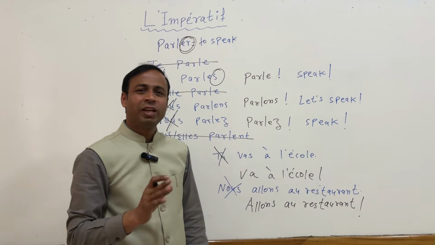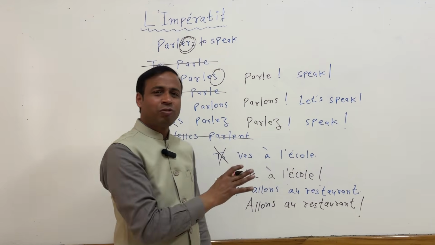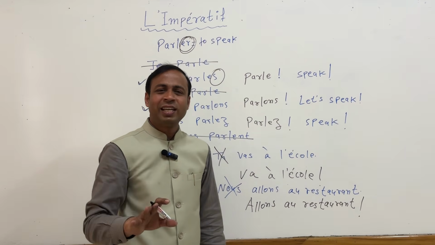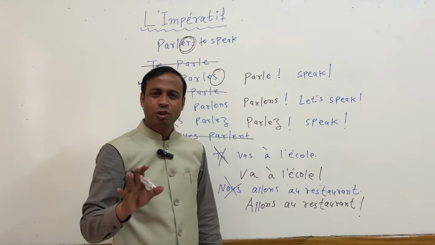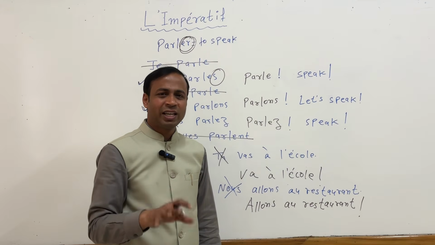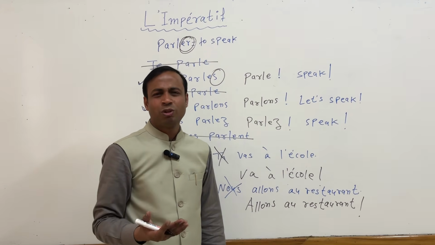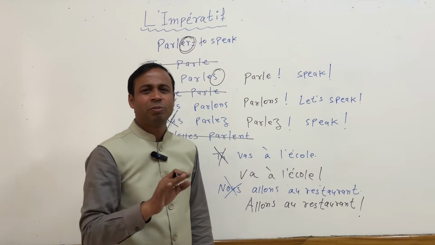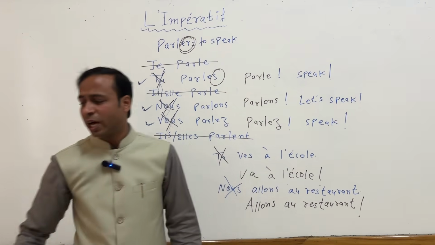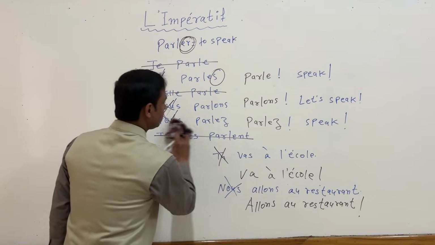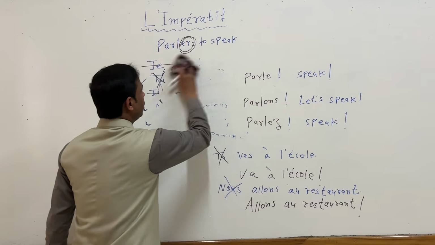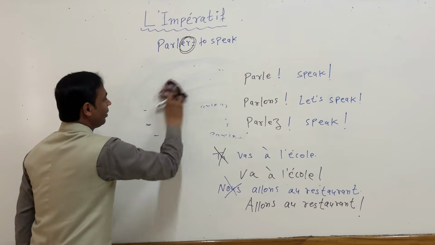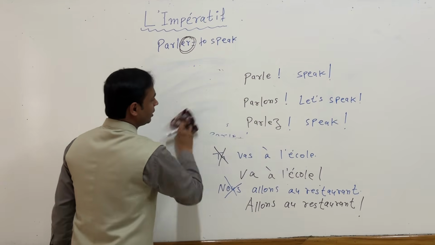So this is how we make imperative from the ER category, and from IR it is the same. If you know the conjugation of IR, it is very easy to make the imperative. Let me give you some examples from the IR category also. Please take notes, otherwise you will forget.